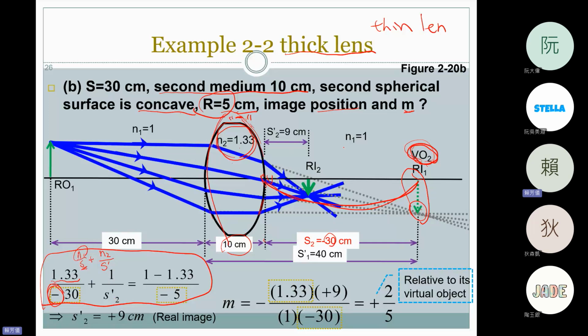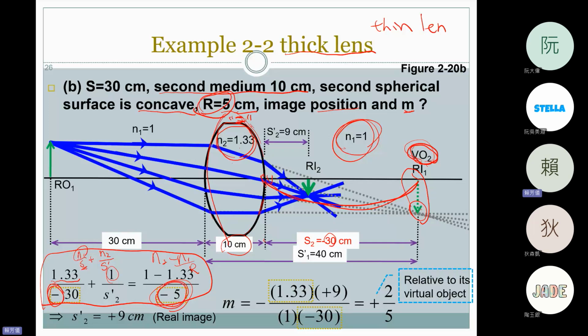N2 now is the refractive index of the right side, so it must use 1. Okay, and here would be N2 minus N1 divided by R. And for R, we also say this is a concave curvature, so R will be negative. So here we use minus 5.